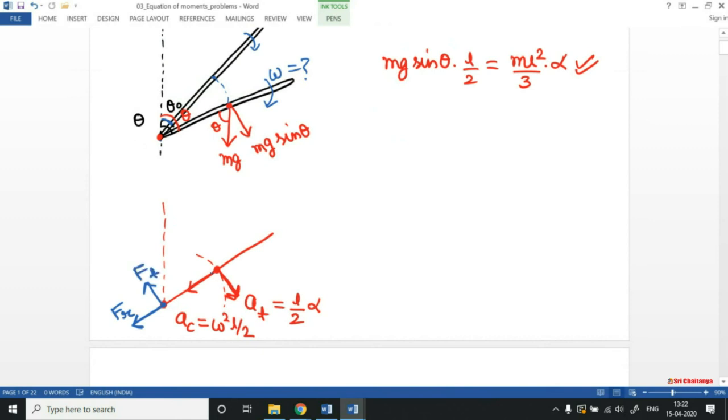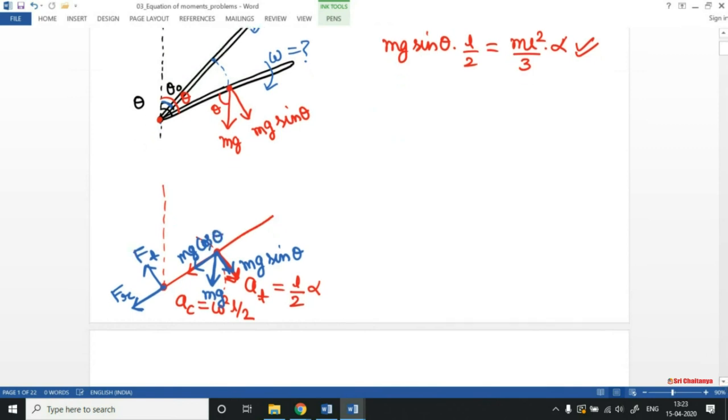Apart from that it will have its weight mg, which could be resolved into two components, that would be mg sine theta and mg cos theta over here.